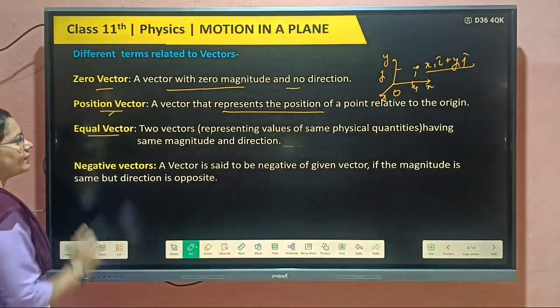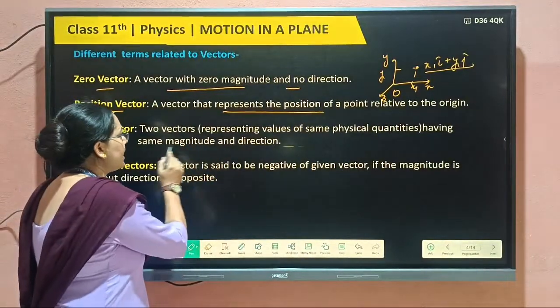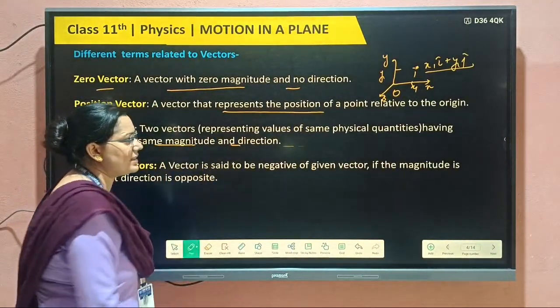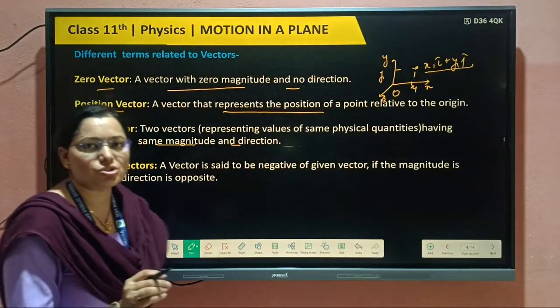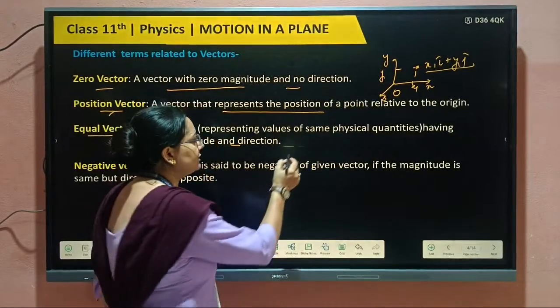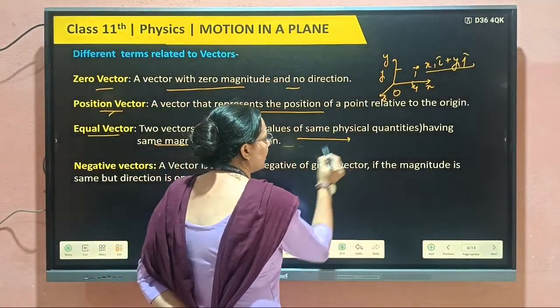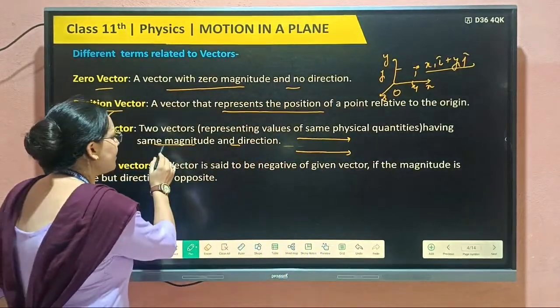Next, equal vectors. Those vectors will be equal which have the same magnitude as well as the same direction, and the physical quantity should remain the same. For example, one force is this, another force is also this; both should have the same magnitude.